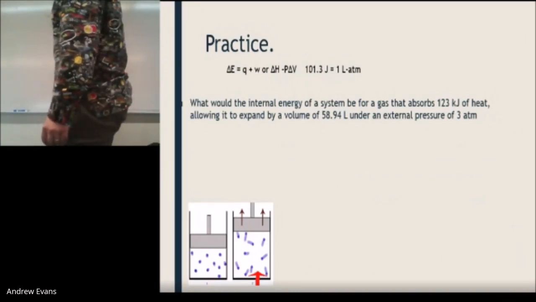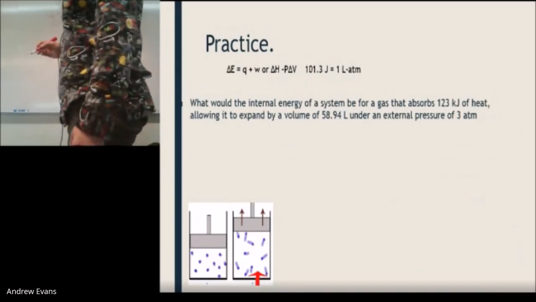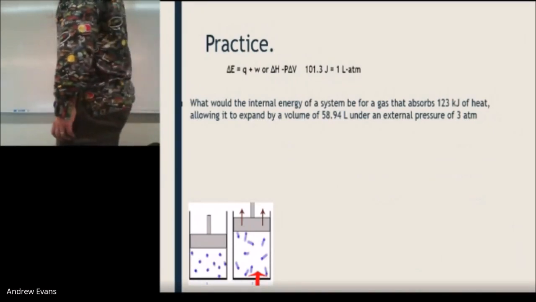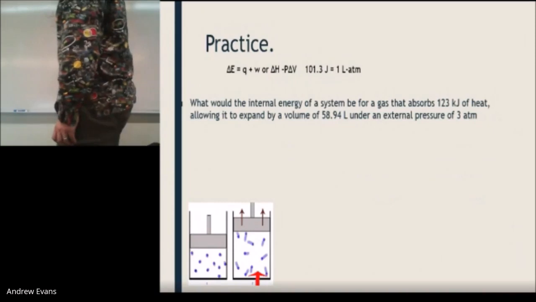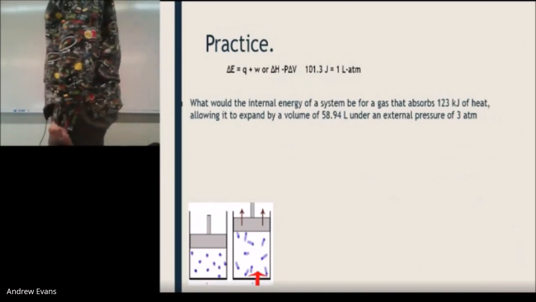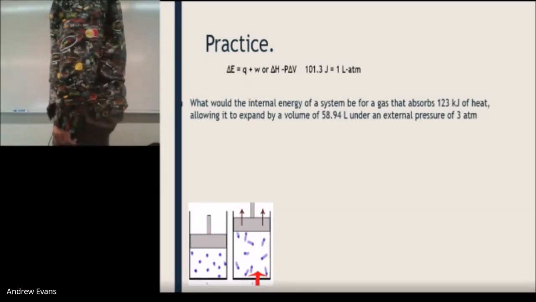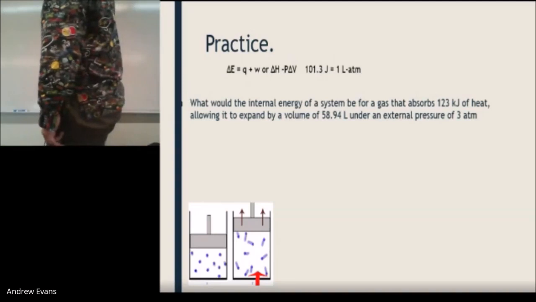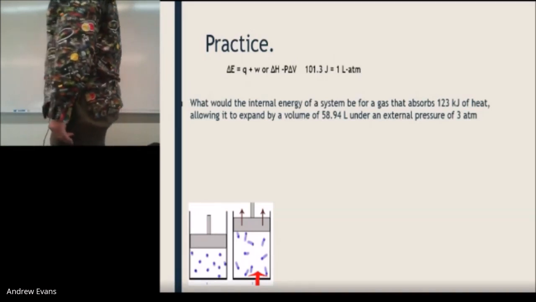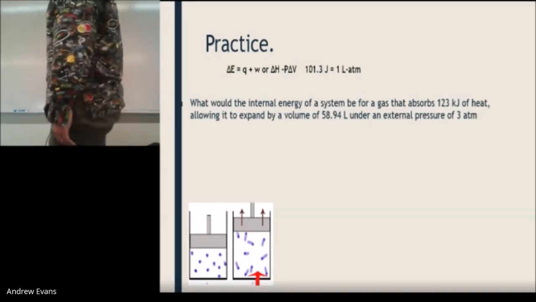They ask, what would be the internal energy of a system, a gas that absorbs 123 kilojoules of heat and is allowed to expand, so a change in volume of 58.94 liters under an external pressure of 3 atmospheres?